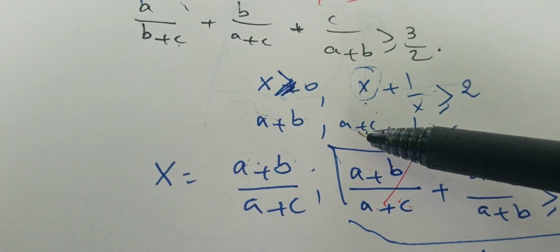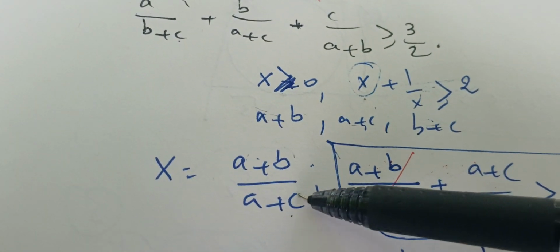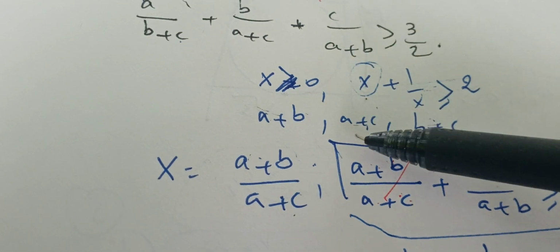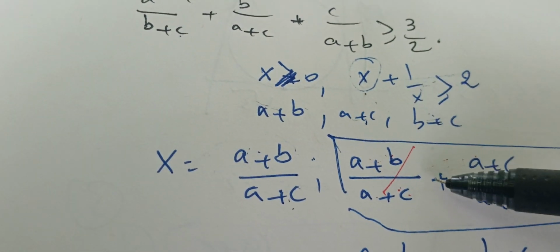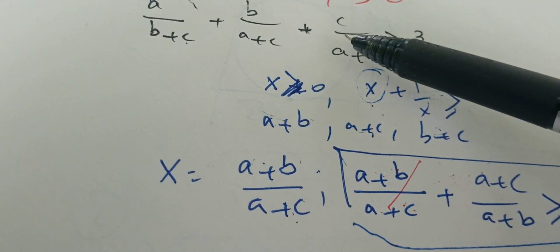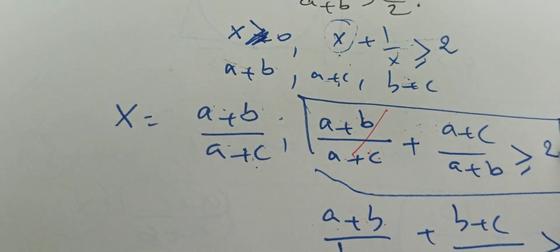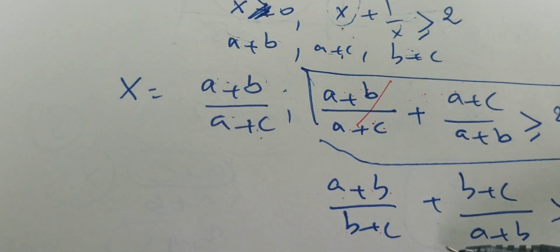We're going to have a plus b over a plus c, and to get the 1 over x, which is the other ratio here, I'm going to have a plus c over a plus b, and now if I call this one x, this is bigger than 2. So this is what I use here, and I'm going to do the same thing for the other ratios.